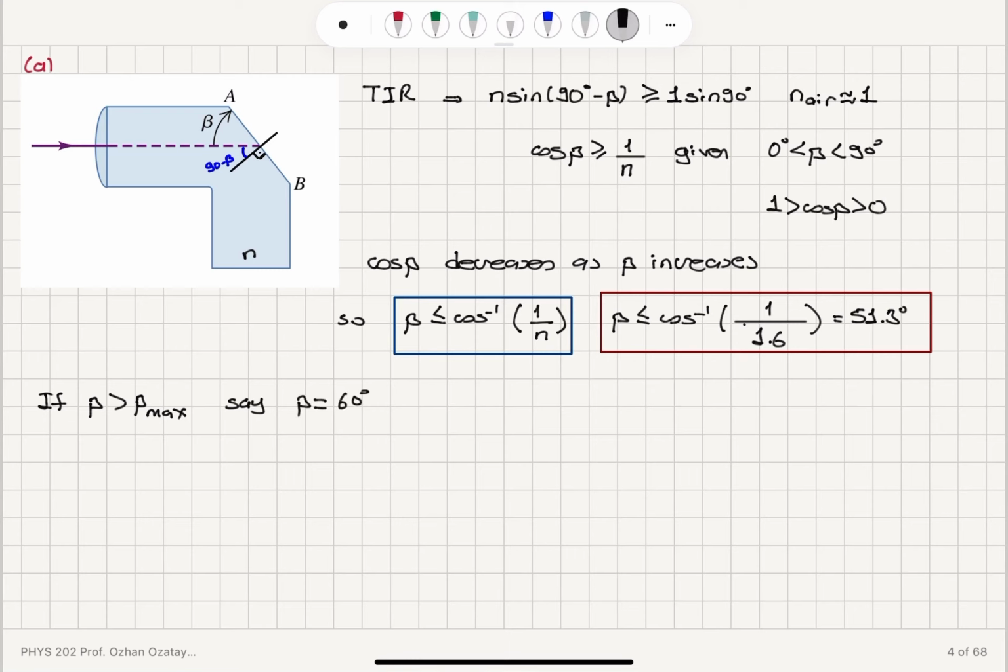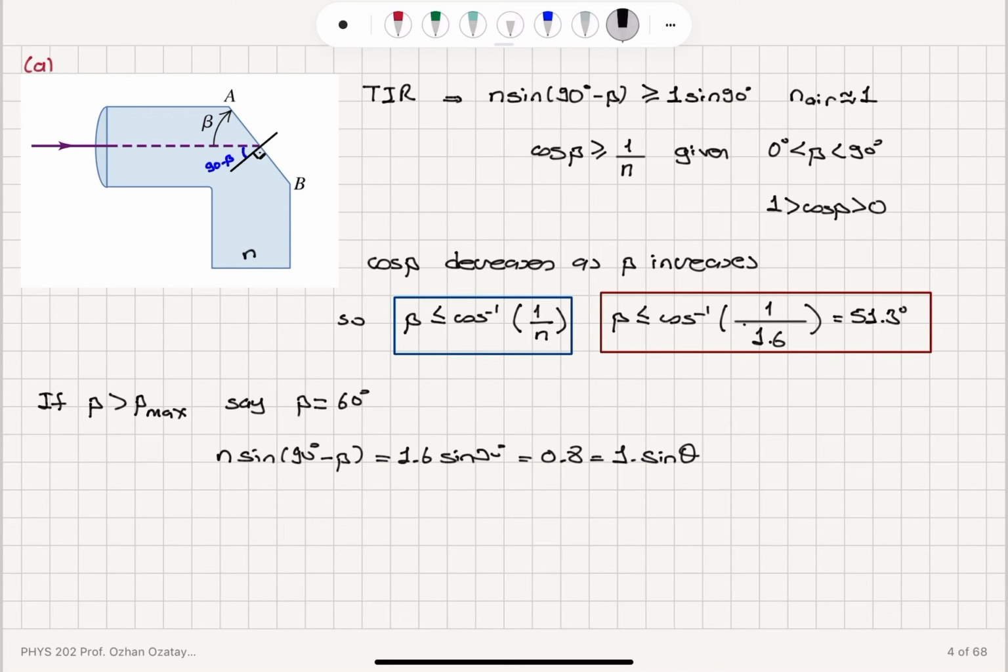Okay, if I write Snell's law, sine 90 minus beta, basically 1.6 sine 30, it would be 0.8, which would be 1 times sine theta for refraction.